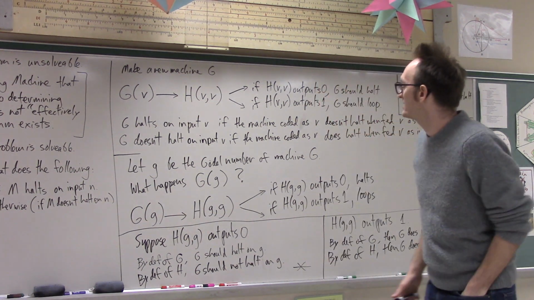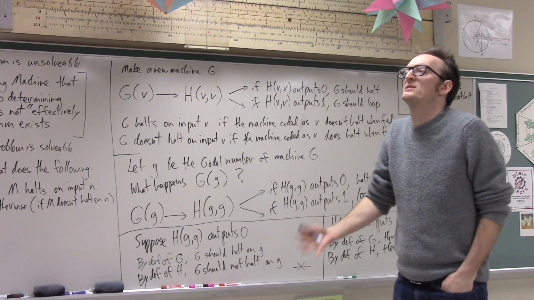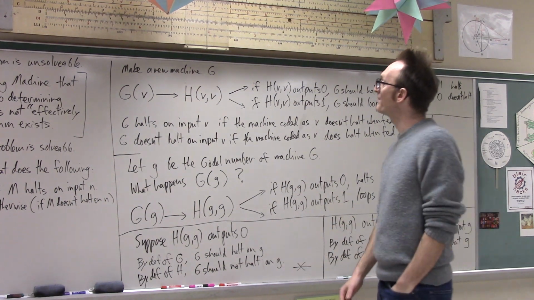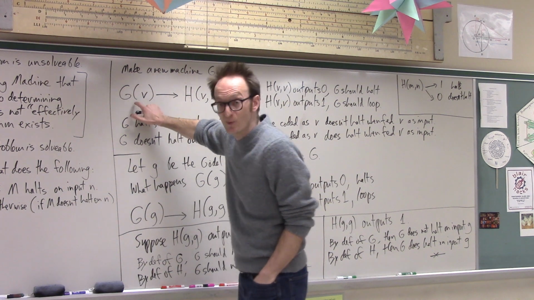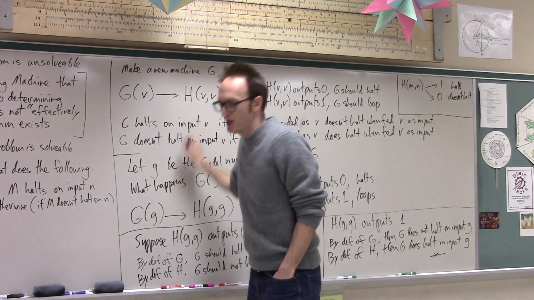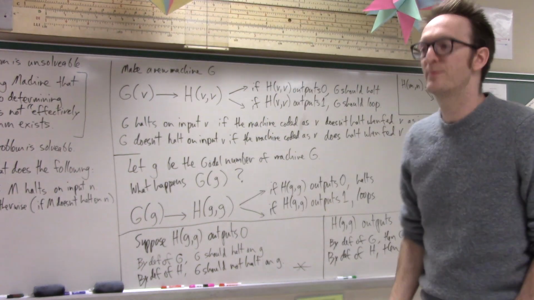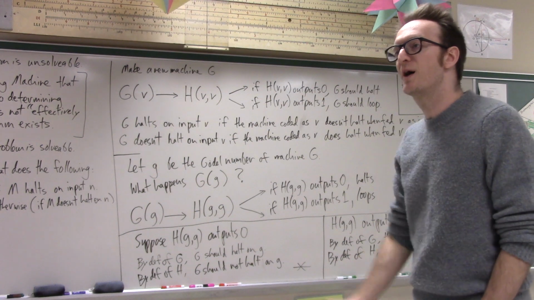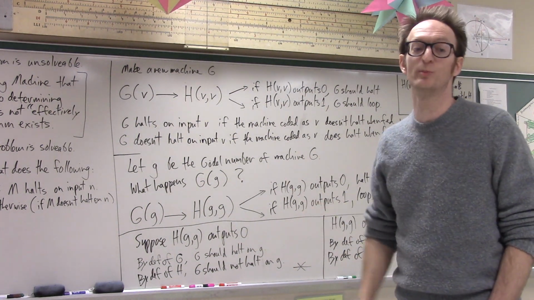What we've shown is that this just doesn't work. So there cannot be such a machine G. But the only assumption that went into building G is that we had such a machine H. And so we cannot have such a machine H. This is a tangible and practical example of a function that is just not computable.